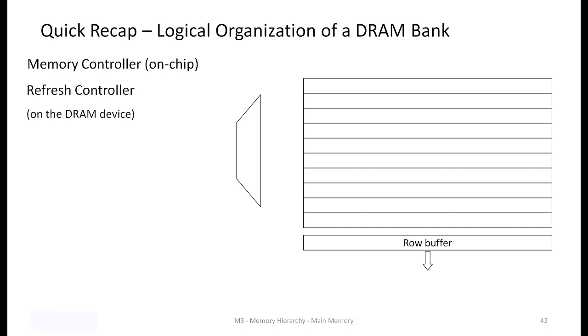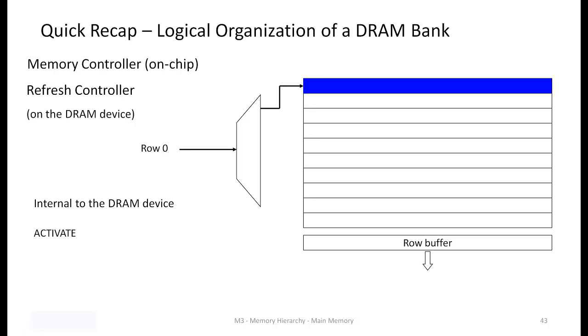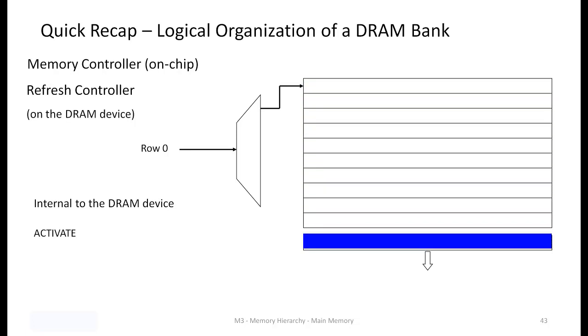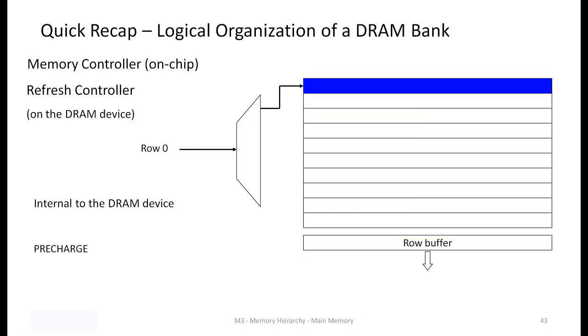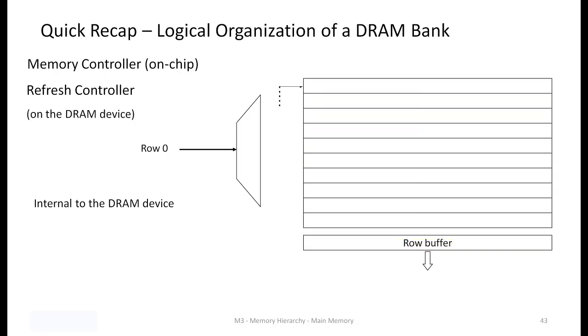The refresh controller, which is on the DRAM device, takes over the operation of this device, and within the DRAM device, it issues back-to-back activates, wherein a particular row is selected and read into the row buffer, followed by a precharge, where the data is written back to the original position.